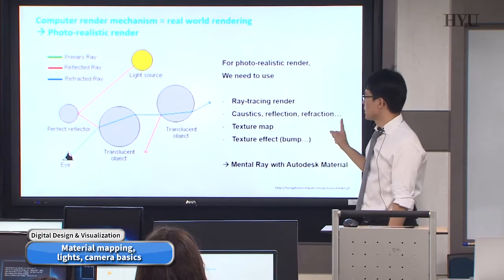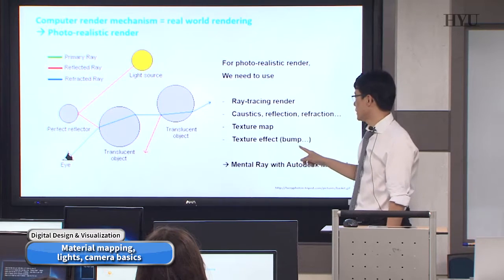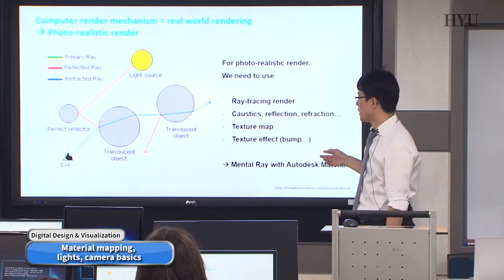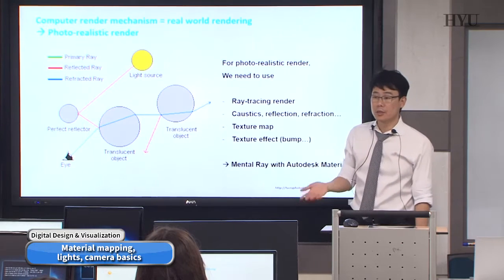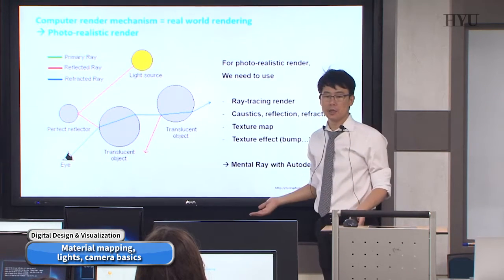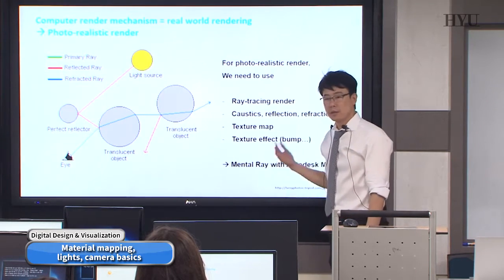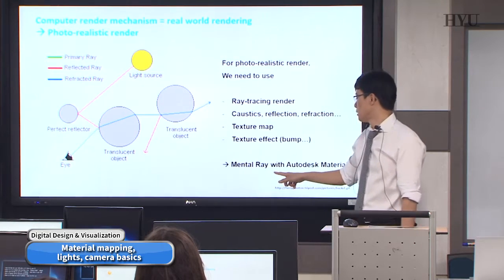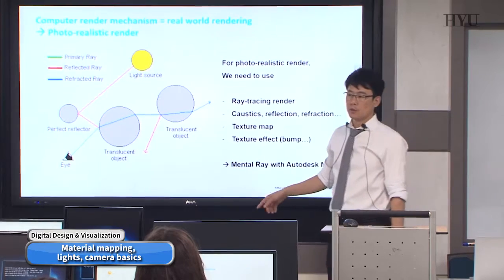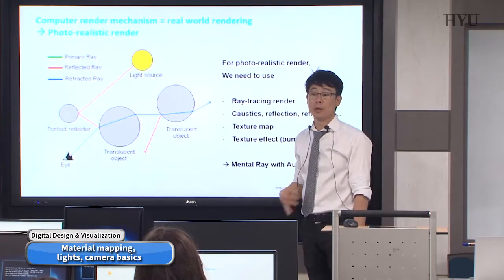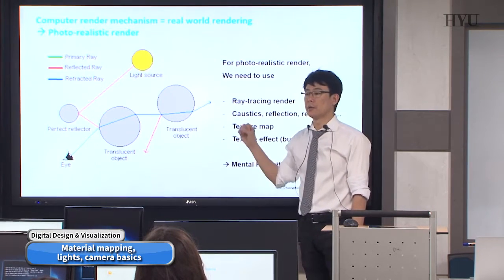Caustics, reflection, refraction, texture map, bump map, displace map, there are a lot of techniques you have to use in order to get a very realistic image. But thankfully, mental ray with Autodesk material in 3ds Max, they are all default, already implemented and embedded.